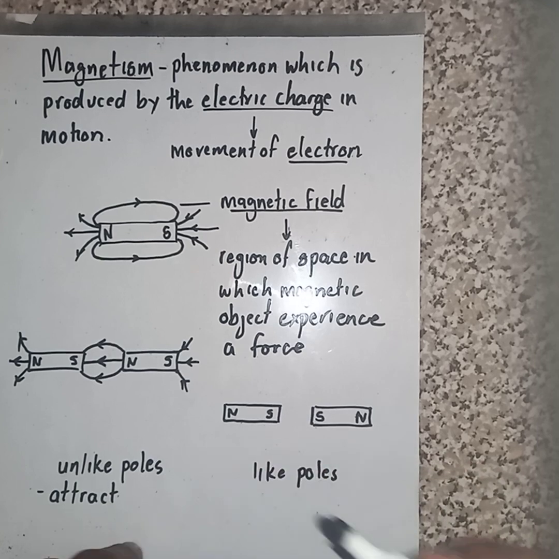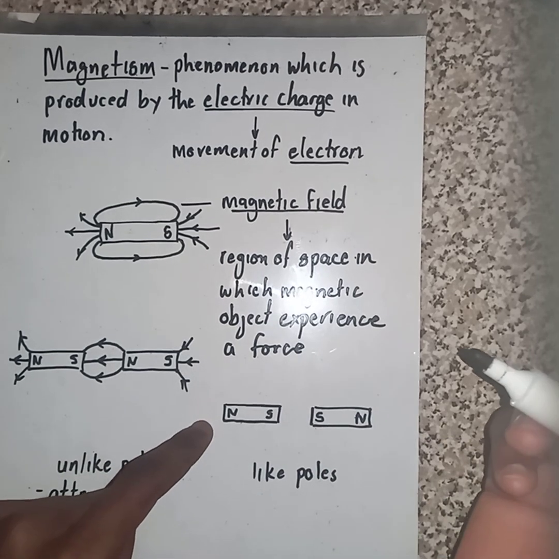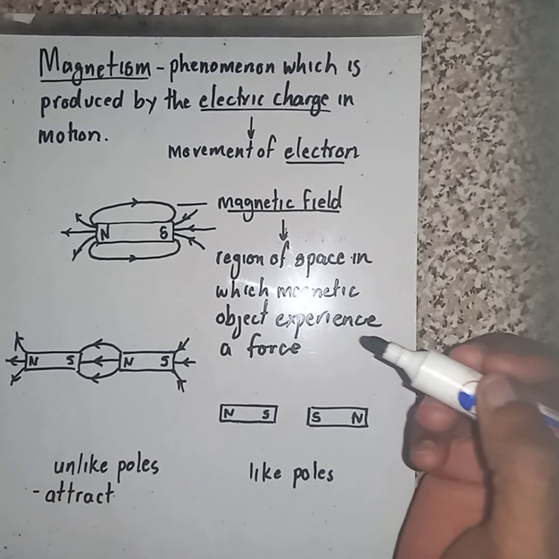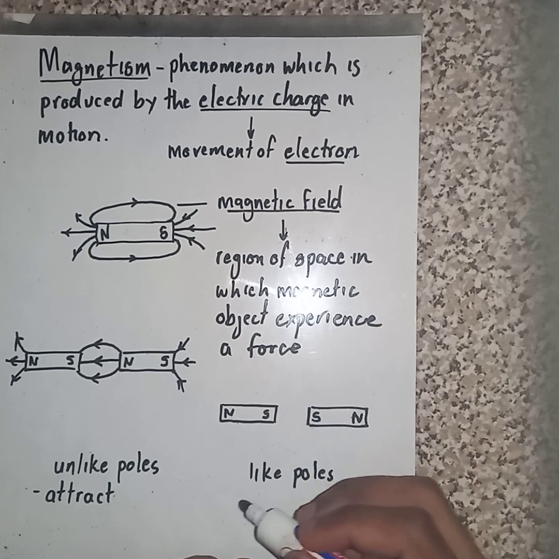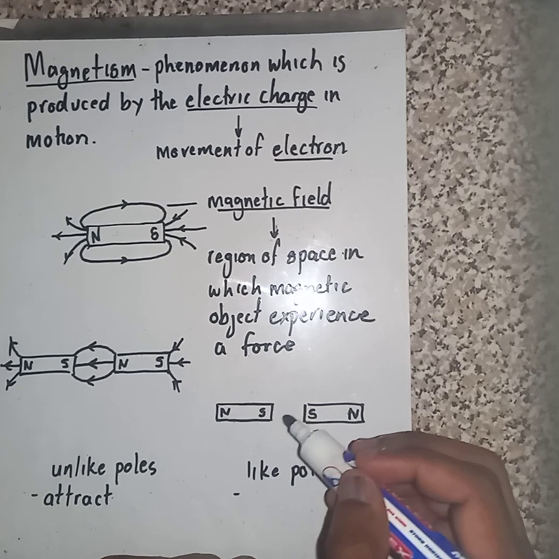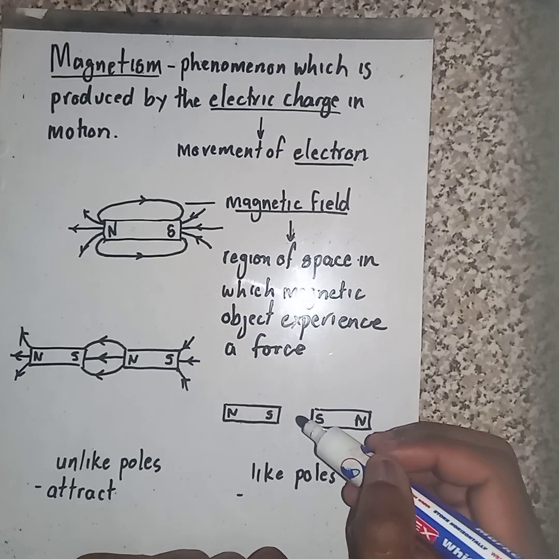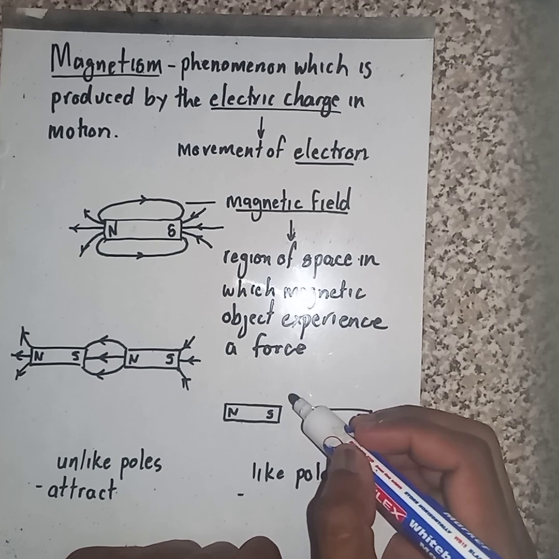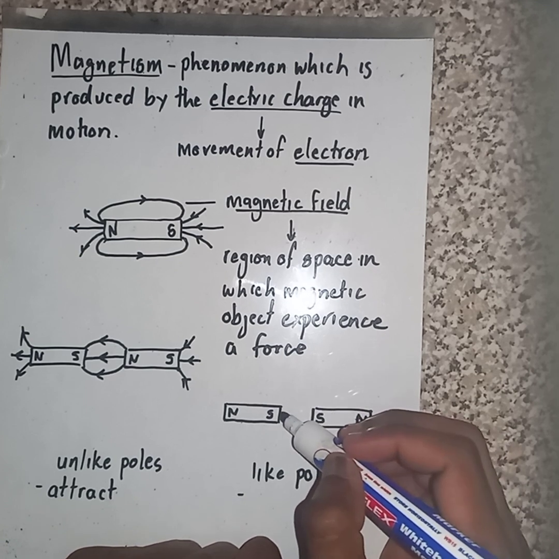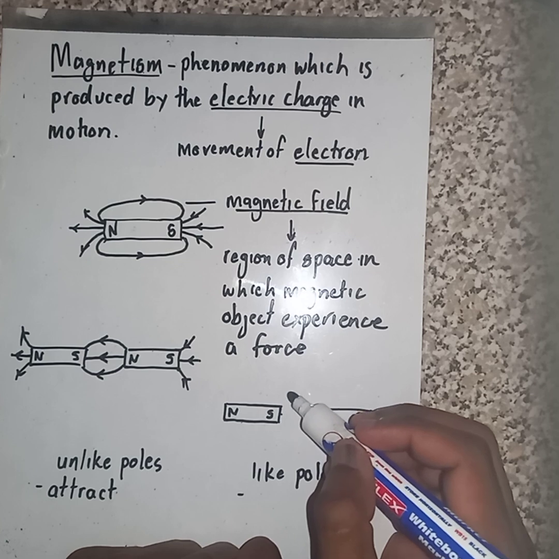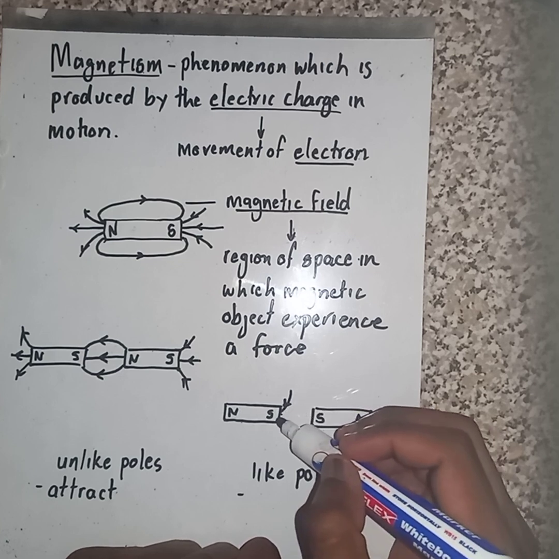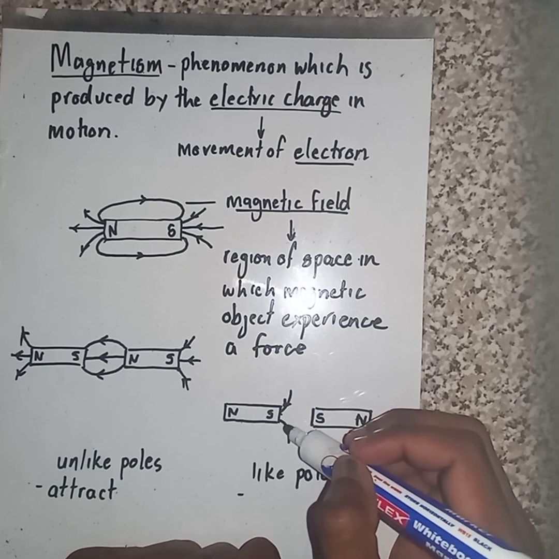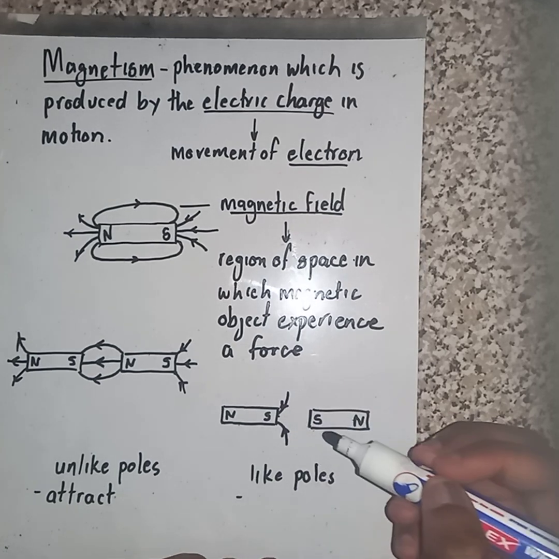What is going to happen to these two poles is that we know the magnetic field always moves towards south. Same applies towards south.